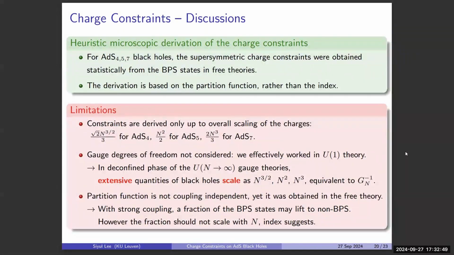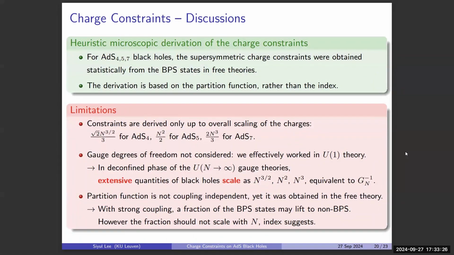In the confined phase of the U(N) gauge theory at large N, it is known that all macroscopic extensive quantities, charges, energies, and entropy, scale as powers of N, which is related to the inverse Newton's constant in the AdS dictionary. So you can scale all the macroscopic quantities that appeared in the charge constraint by appropriate powers of N, and that will at least recover the powers of N part of the factors that were different from the two results.